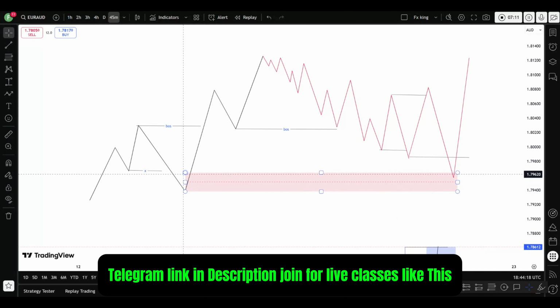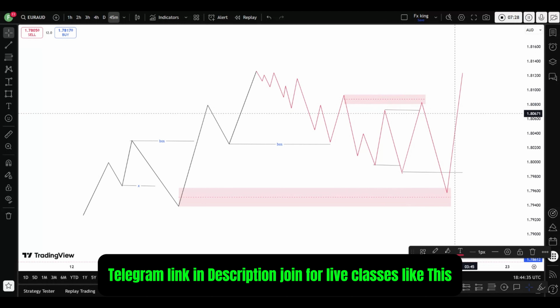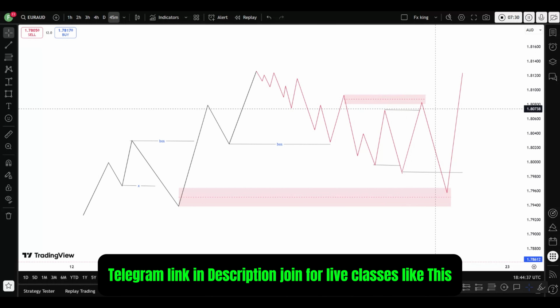So now what we want to do is wait for this market to grab the liquidity above that high, and then we can look for our position here. Let's say this market had an inducement here.